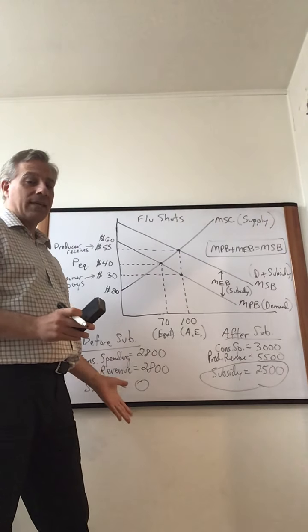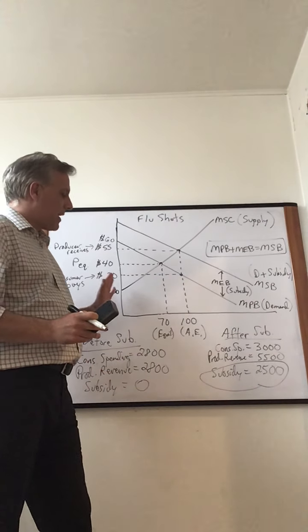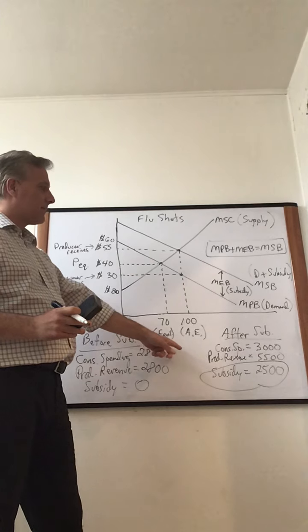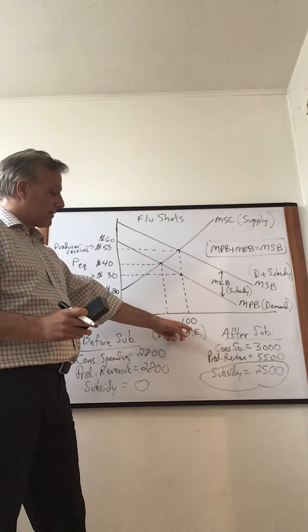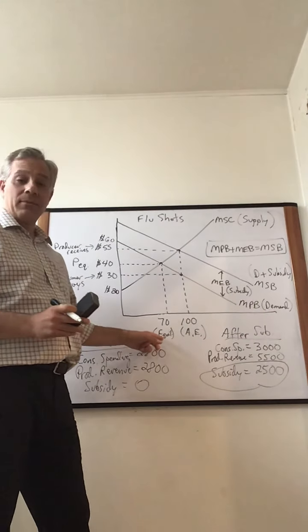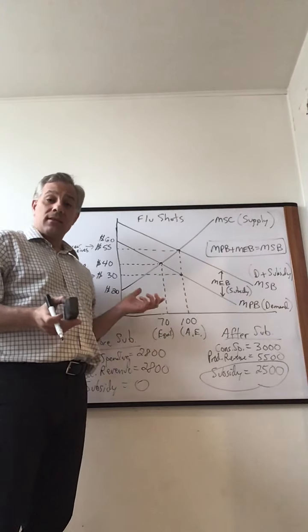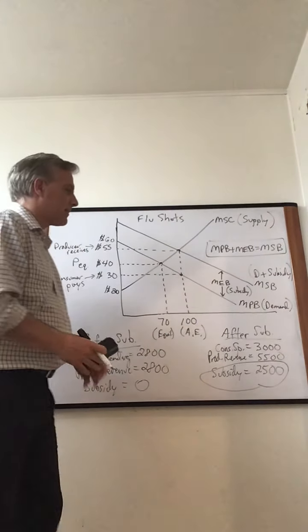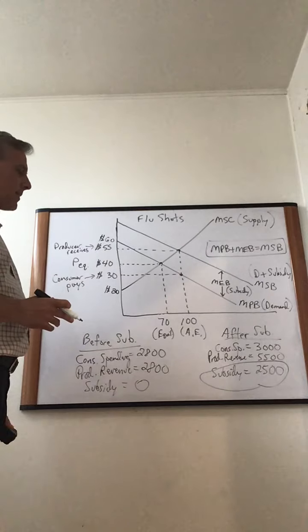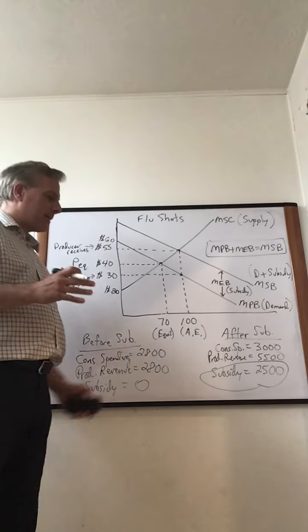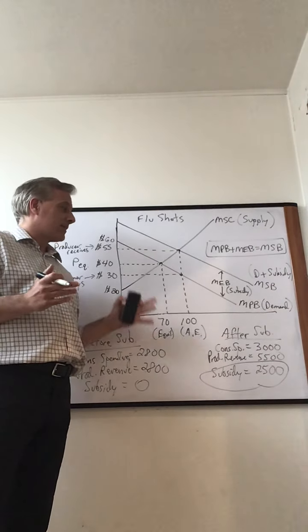Hopefully they don't do that. If the allocatively efficient quantity is greater than the equilibrium quantity, then you know that there's positive externalities. But just focus on it this way. I'm always trying to prepare for their dirty tricks.